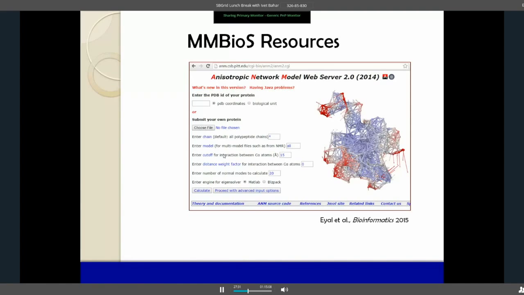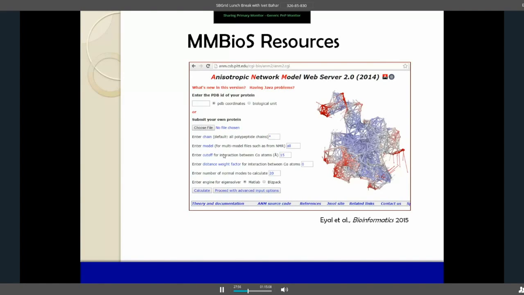One is the anisotropic network model web server that we have. Again, a new version was published last year, as you can see here from the reference. The short name is ANM server. I would strongly suggest you to try ANM. It's extremely easy to use.